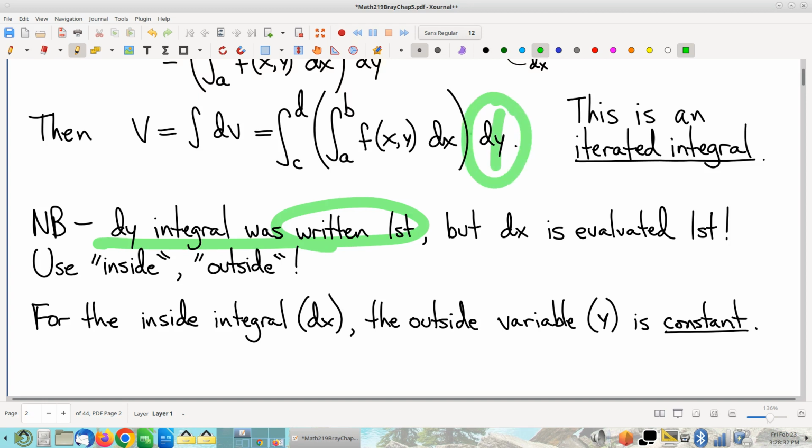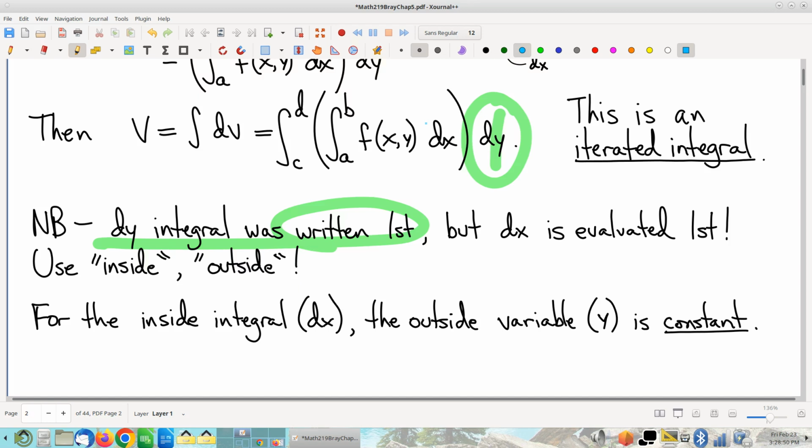The dy integral is the one that says that the volume of the whole loaf is the sum of the volumes of the slices. That was a dy integral, and it's on the previous page. It came before. And then only second did we make an argument about what the dx integral is. That's our cross-sectional area. That came second.